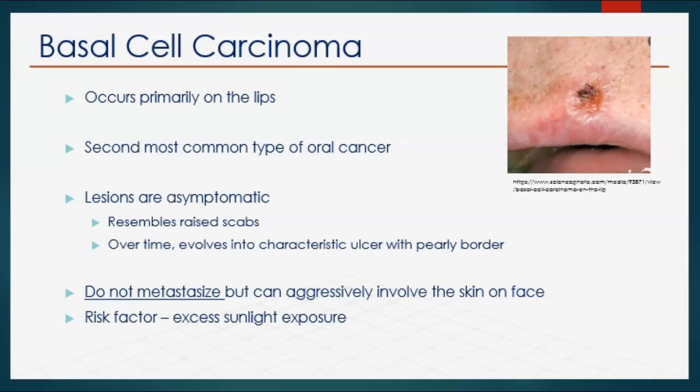These don't metastasize, but they can be really aggressive, involving the skin on the face. Some people who ignore them end up with much of their skin affected, and if they don't get rid of it, it's just going to take over. So one of the risk factors is excess sunlight exposure.